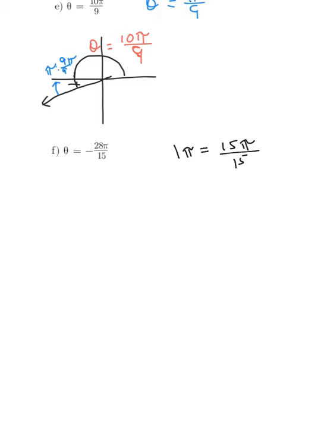What I always do is look at my denominator and think about what 1 pi equals and what 2 pi equals to help me figure out where I need to go. 2 pi, if you want something over 15, well, to get 2, you need to have 30 over 15 times pi. So now that we know where 1 pi falls and where 2 pi falls, let's think about sketching this.